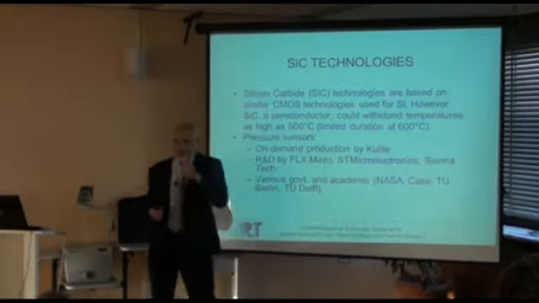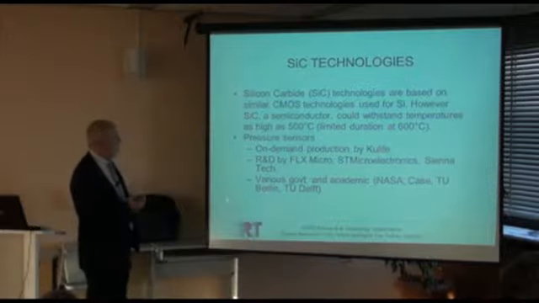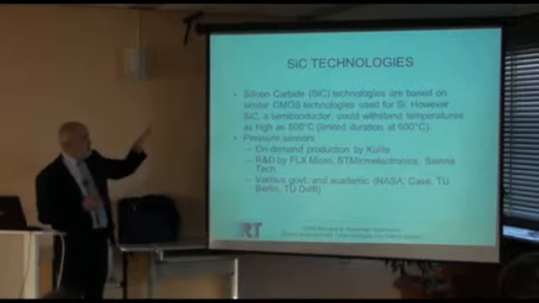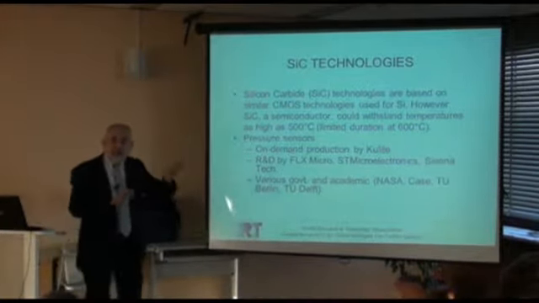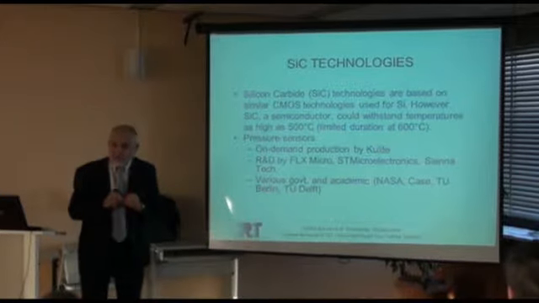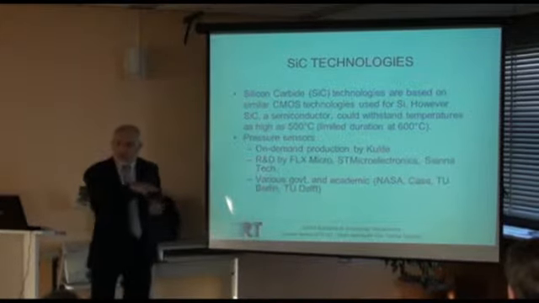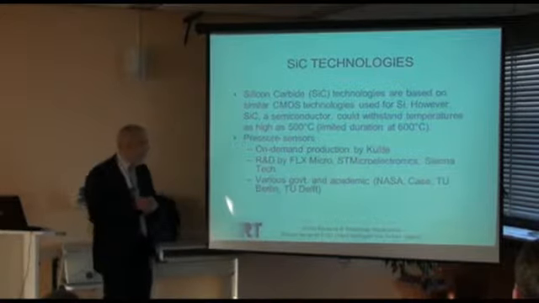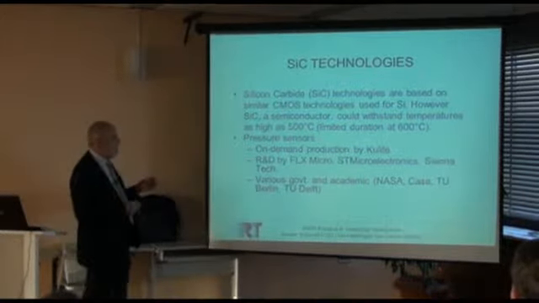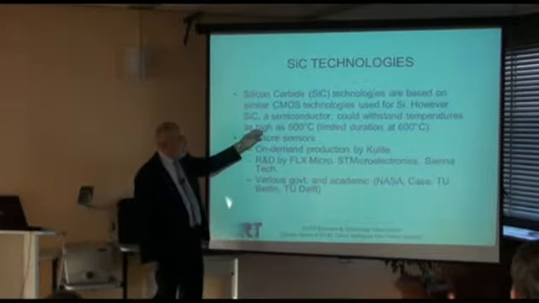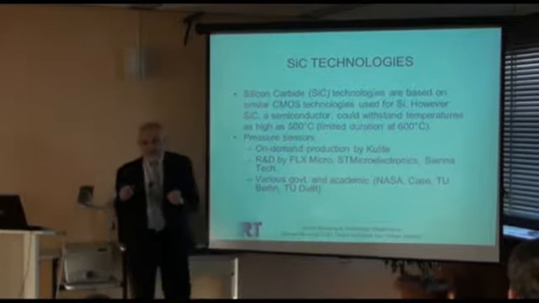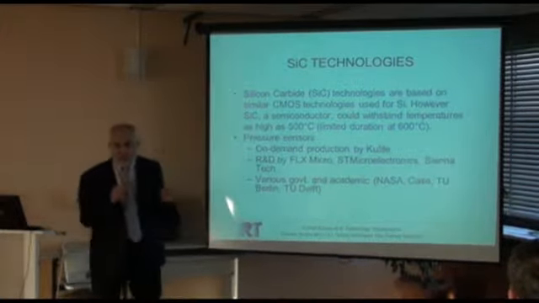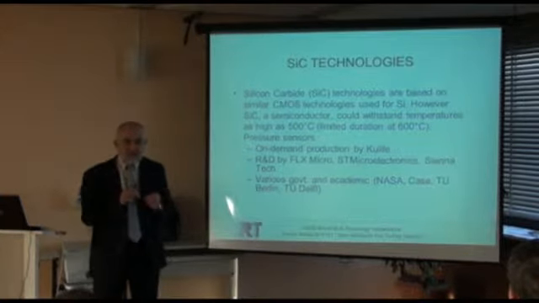This is the acronym of the CMOS. With the same silicon carbide, I use the same technology. That means I could build transistors, I could build diodes, and then on the top, capacitors and resistors. Absolutely the same thing. The issue is that the temperature for which the electronics operate is 500 degrees.